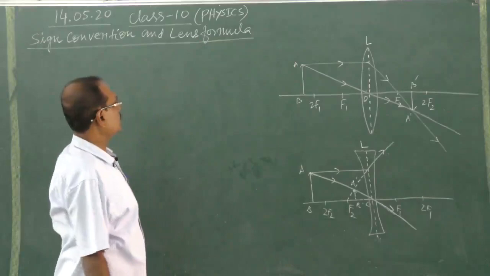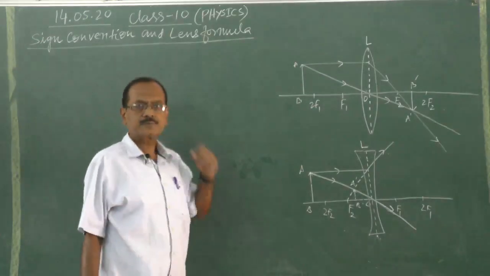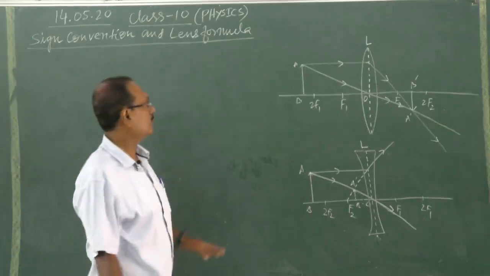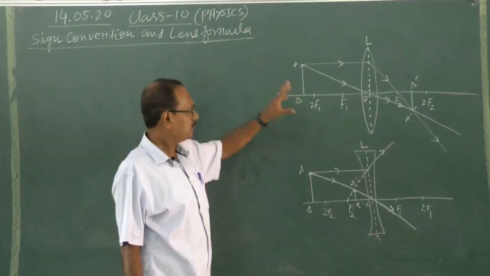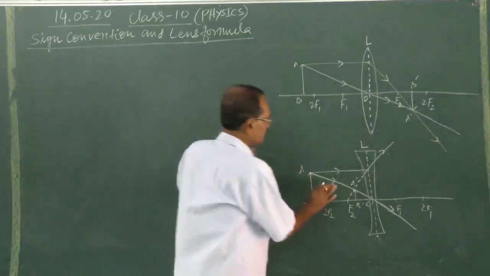Now, what are the rules of taking the distances, or in case of coordinate system or the ray diagram of lens?